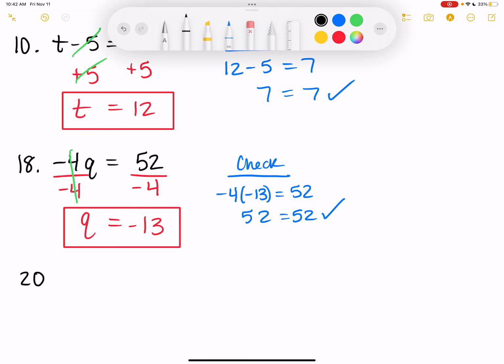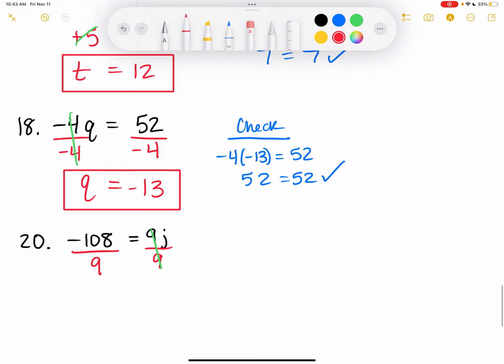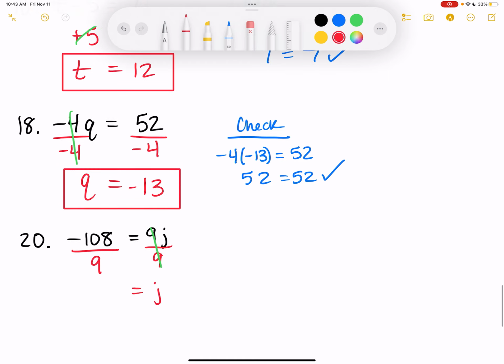Number 20, -108 equals 9J. Divide 9 on both sides. 9's on the right, cancel. So you get J on the right side, and then what's -108 divided by 9? 12.